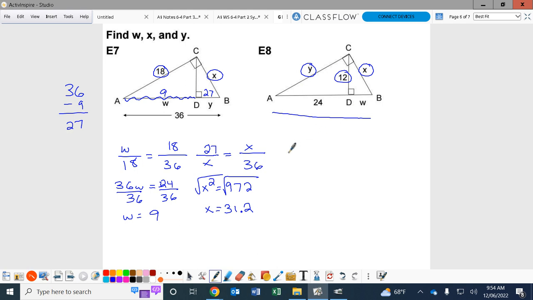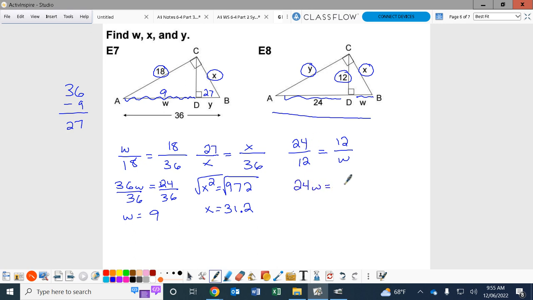So, we're going to put that 12 repeating. Good. So, 12 repeats, and it repeats between what 2 things? What are the 2 parts that make up that bottom? 24 and W. Perfect. 24 and W. Okay, let's cross multiply that. 24 times W is going to be 24W.